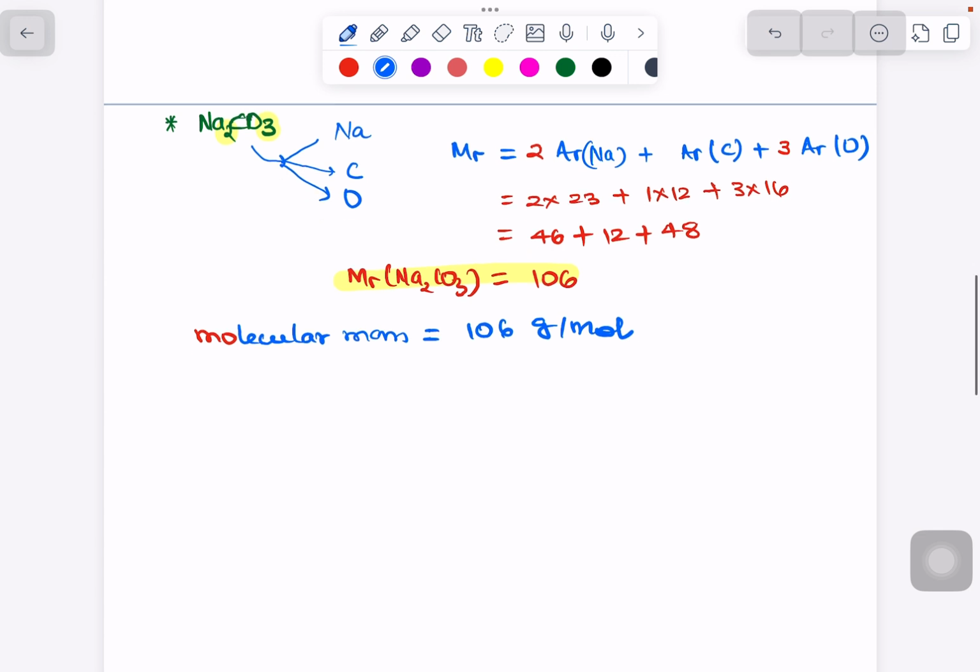Now there are some molecules which have water molecules in them. We call them crystals, or we can say ionic crystals.